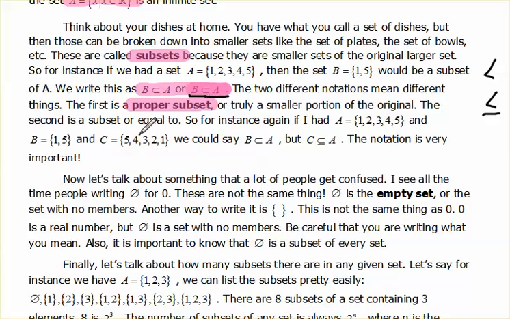And C is 5, 4, 3, 2, 1. We would say that B is a proper subset of A because it's truly a smaller portion of the original set. But we could not say that C is a proper subset of A because it's equal to A. So we'd have to use the notation C is a subset of or equal to A. That notation is extremely important.